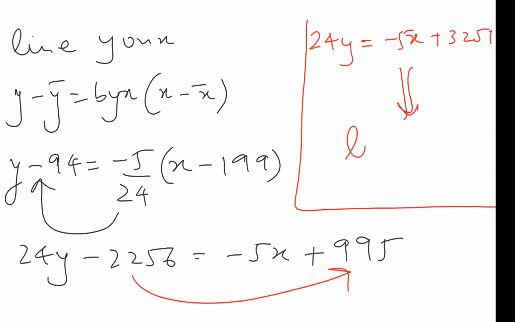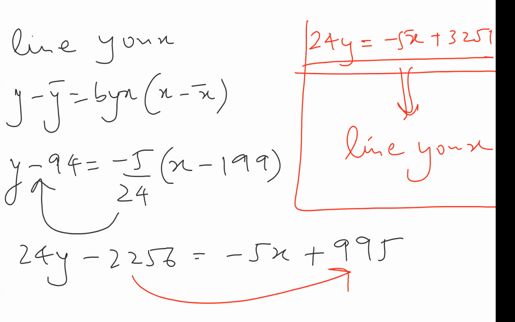This is your line y on x. 5 by 12 was difficult for me to calculate and a bit time consuming, so I kept it as it is and simplified. This is your line y on x.